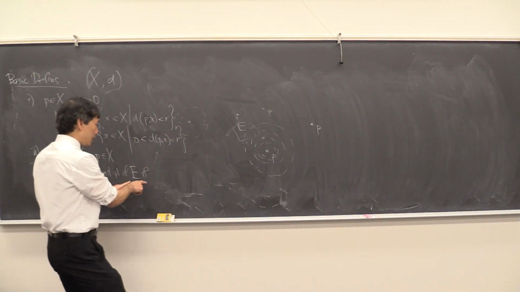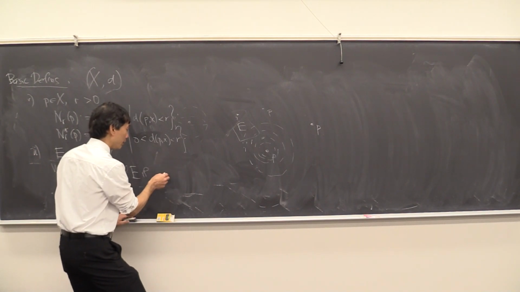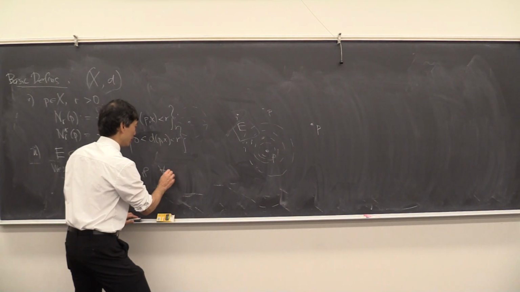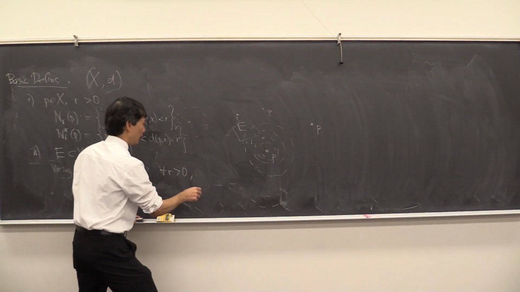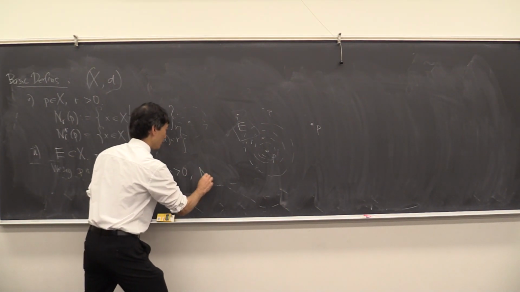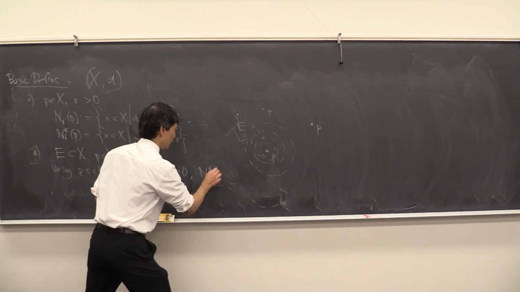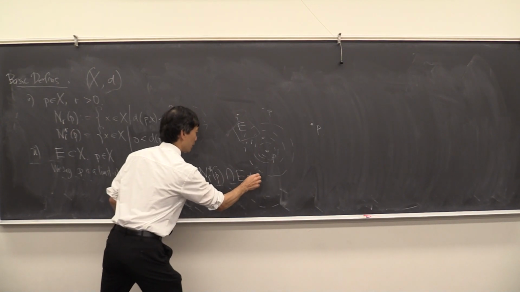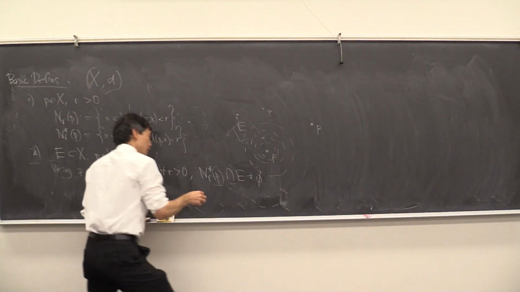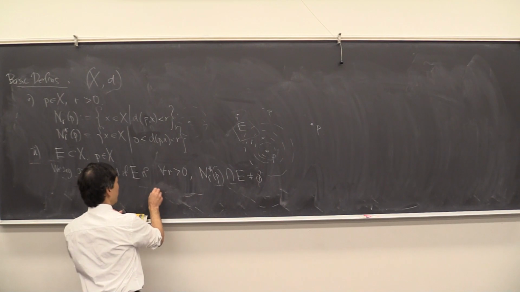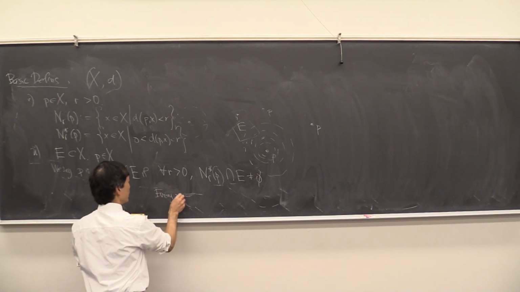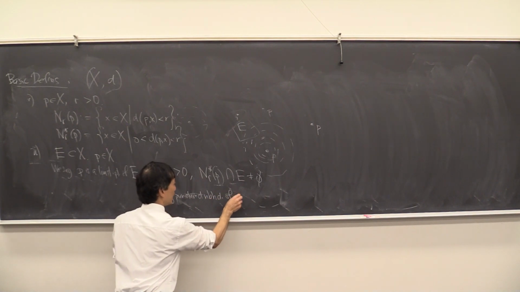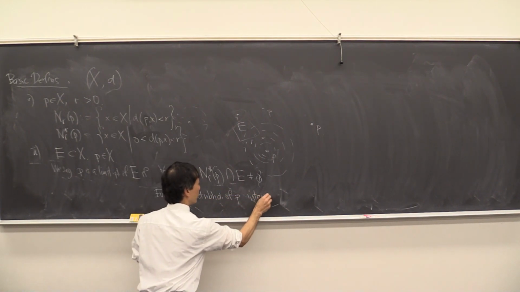P is a limit point of E if no matter what neighborhood you're given, so for all neighborhoods, the punctured neighborhood of P intersect E is not empty. In English, every punctured neighborhood of P intersects E.